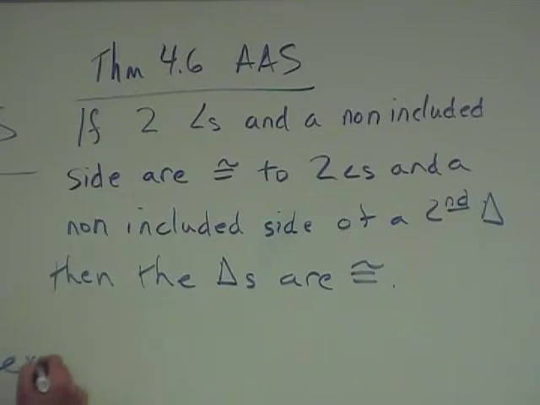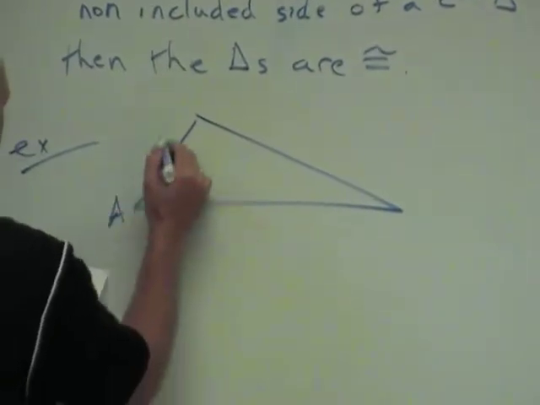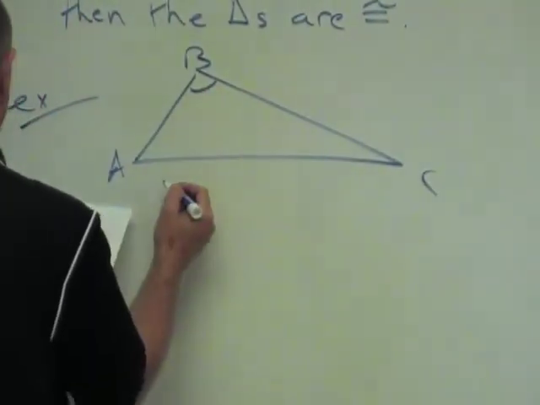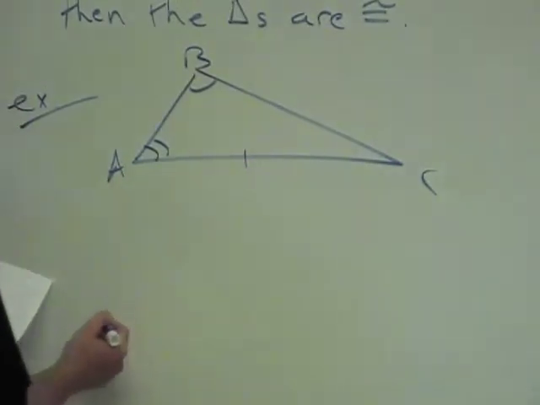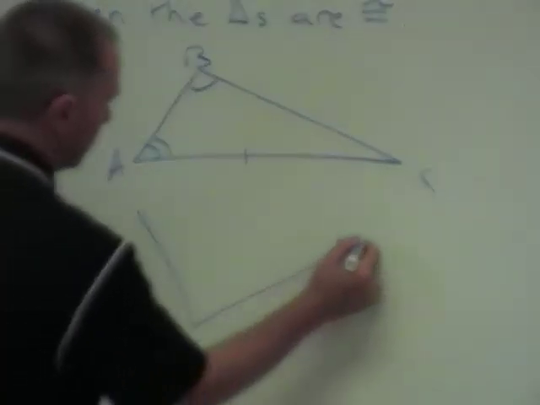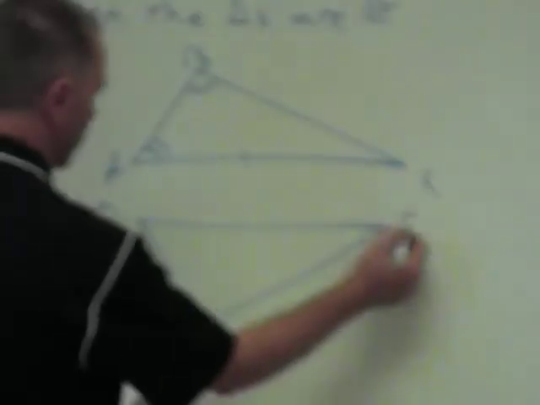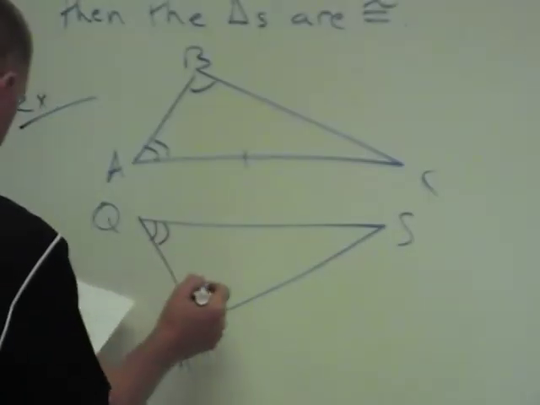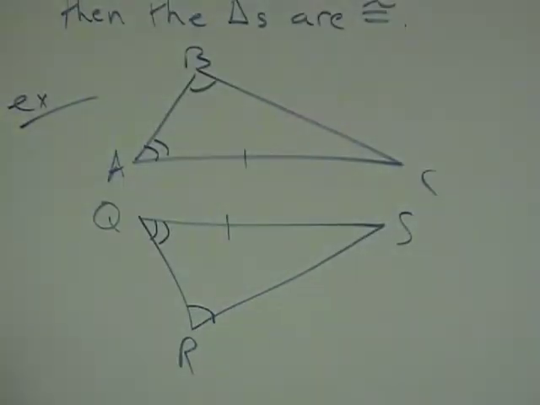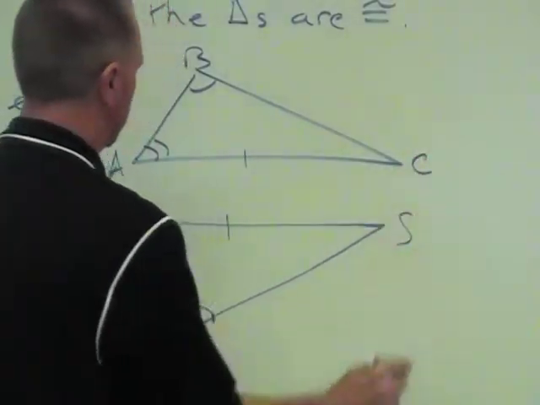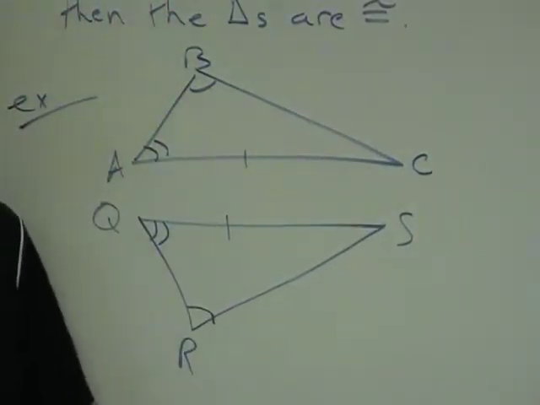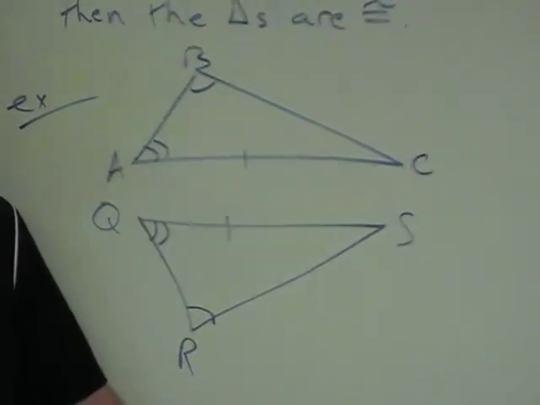Okay, example. Are the triangles congruent? You notice that things aren't messed up when the triangles are moved or shifted or flipped.